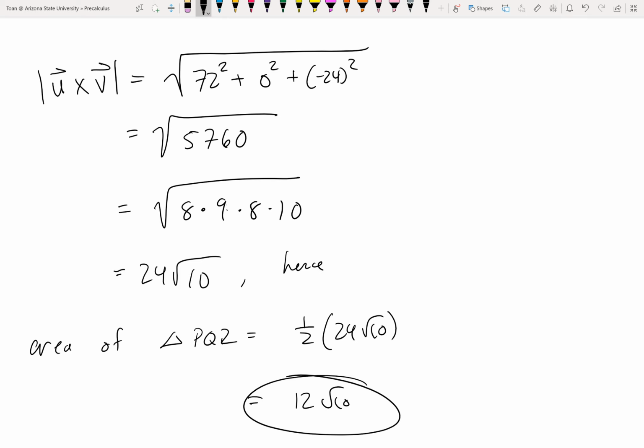That is just one application of the cross product. If you find the length of the cross product, you're actually finding the area of the parallelogram formed by the two vectors. If you were to cut the length in half, congratulations, you found the area of the triangle formed by the two vectors. So, one neat application of the cross product.